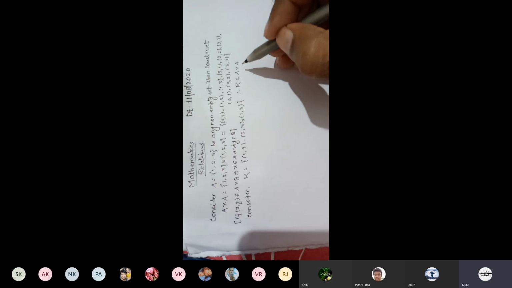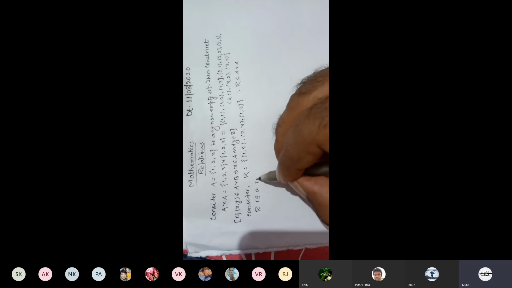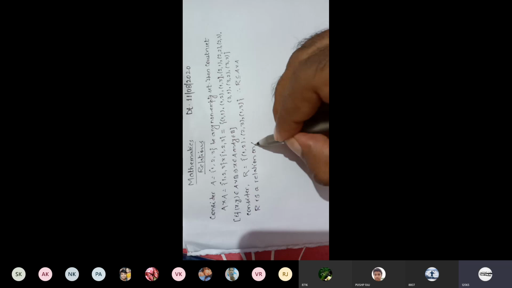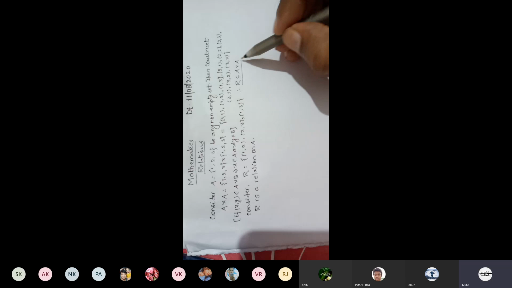So each element of R will also be an element of A cross A. Hence we can say that R is a subset of A cross A. When R is a subset of A cross A, then we say that R is a relation on A.